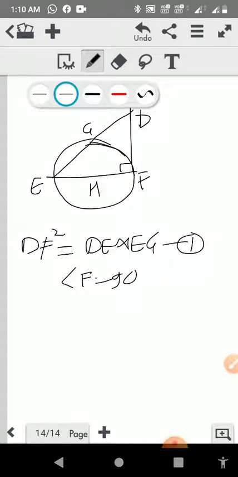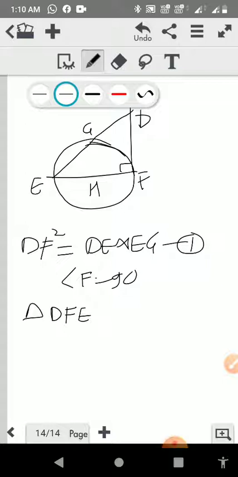As we all know, the segment drawn from the center of the circle to the tangent is perpendicular to the tangent. So in that way this angle F is 90 degrees, and I get this triangle DFE as a right angle triangle.